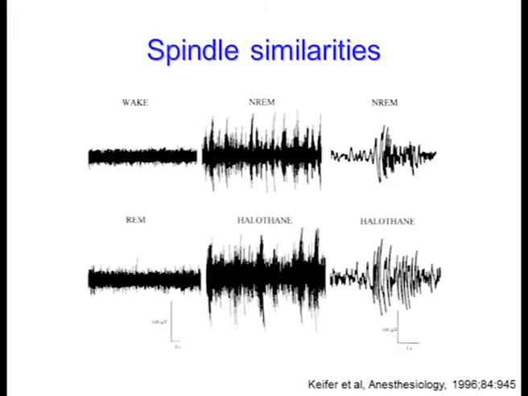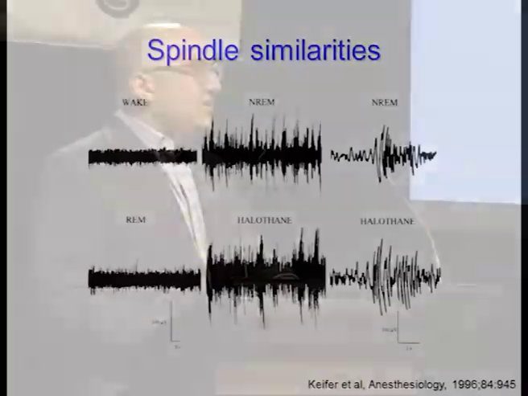If you look at the lower part of the panel, you also see a very similar kind of slow-wave morphology that happens during an inhaled anesthetic. Furthermore, you will also see the presence of spindles. They're not exactly like sleep spindles, but qualitatively you can see that they're similar. It's also been identified during a propofol anesthetic, and during dexmedetomidine. So there's a shared neurophysiologic or electrophysiologic phenotype as well.